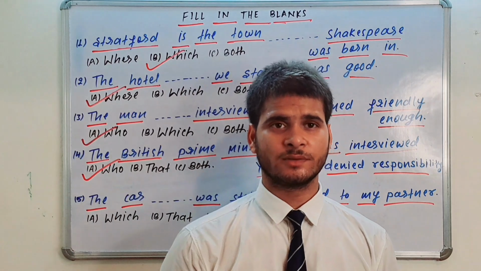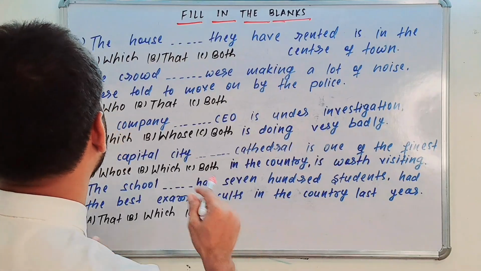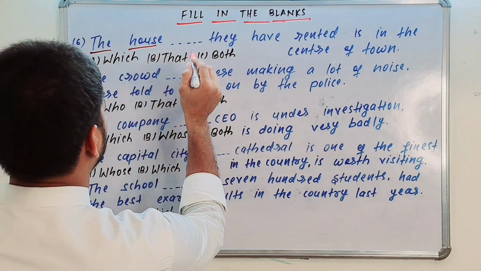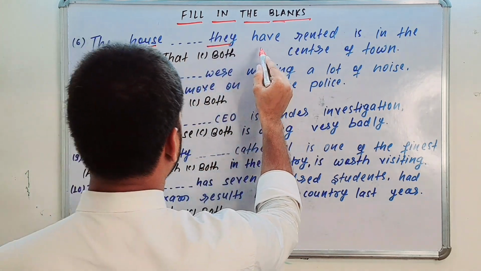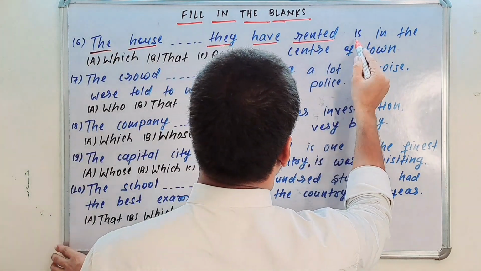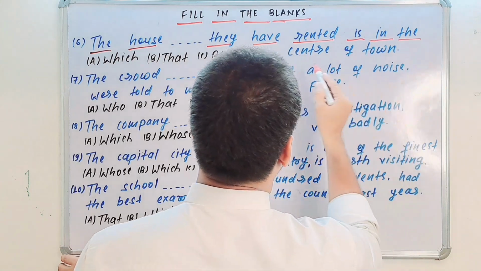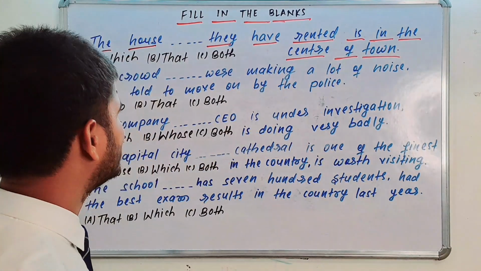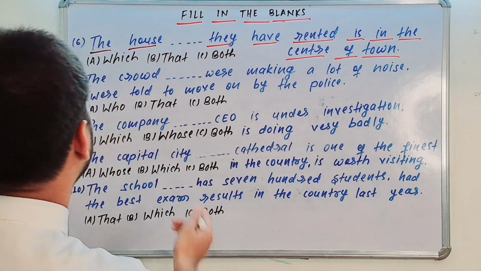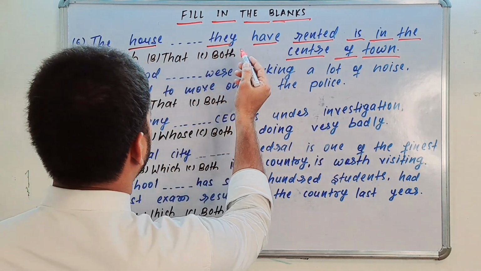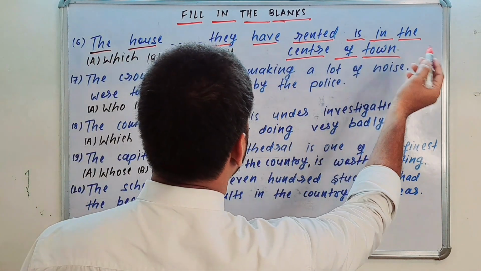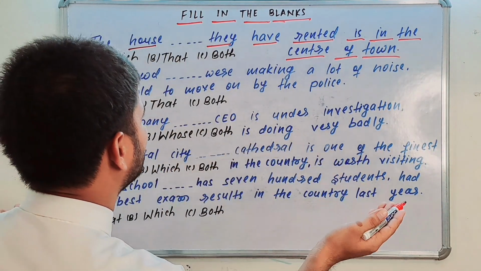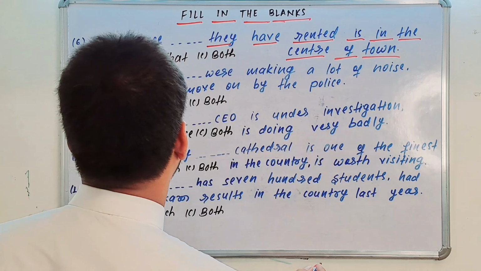Now let's come to the next. Now let's understand the sixth one. Here, the house that they have rented is in the center of town.